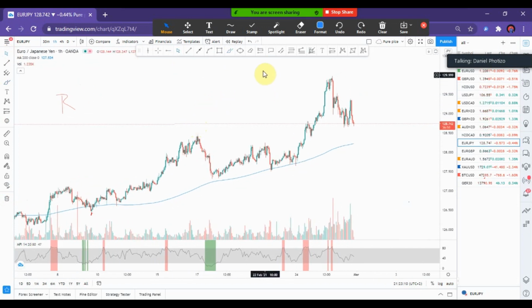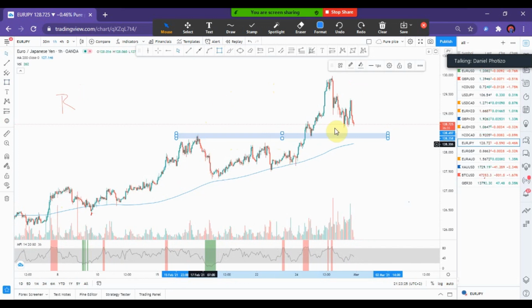The levels on the higher time frame are there to portray market reversals, but key levels on your trend are there to give you entries, or where the market is likely to reverse or retrace. So for example, this resistance here is likely to give you the next entry as support.